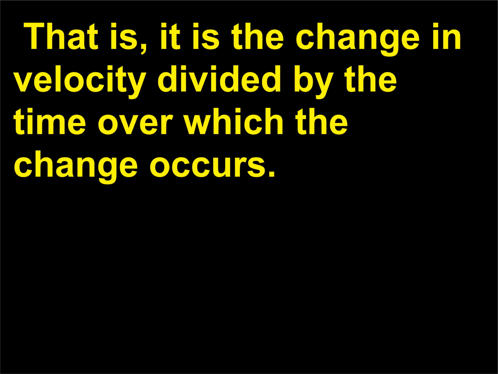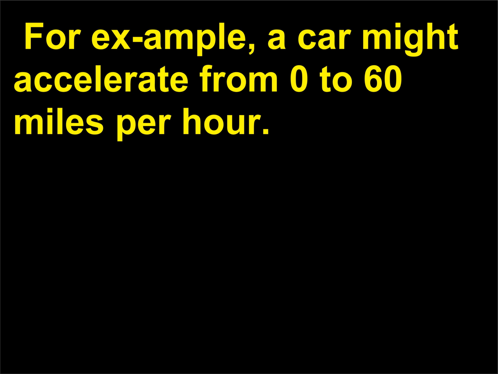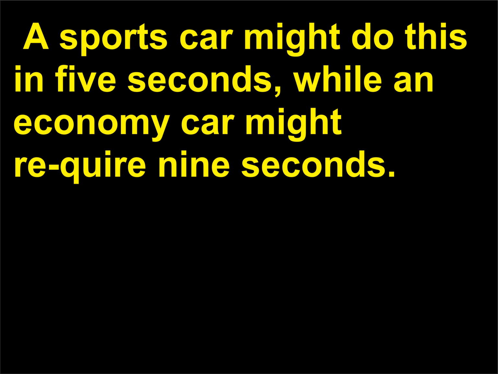That is, it is the change in velocity divided by the time over which the change occurs. For example, a car might accelerate from 0 to 60 miles per hour. A sports car might do this in 5 seconds, while an economy car might require 9 seconds.